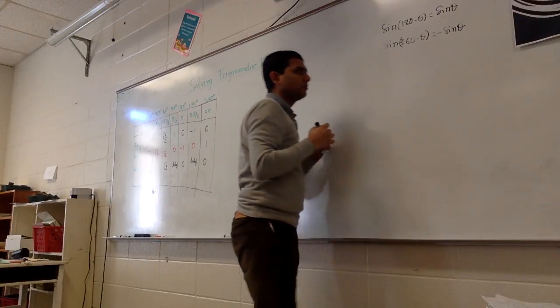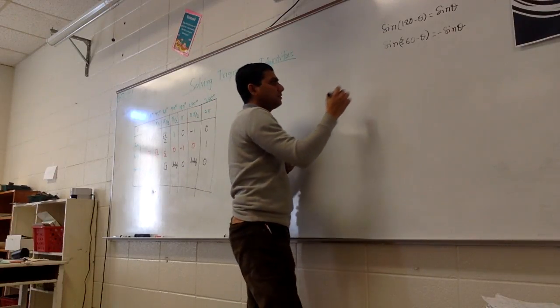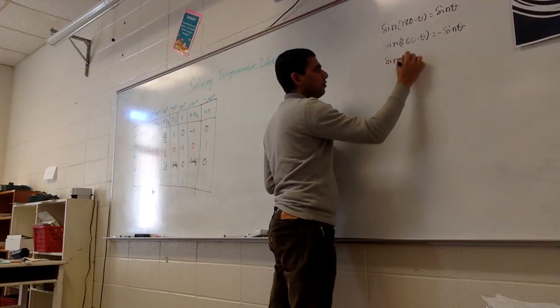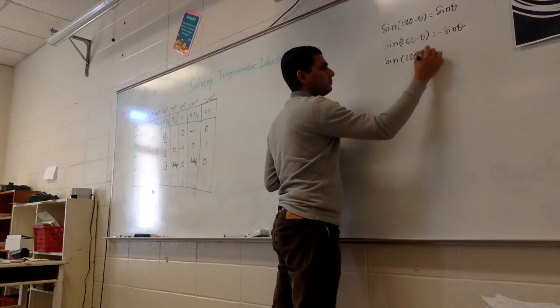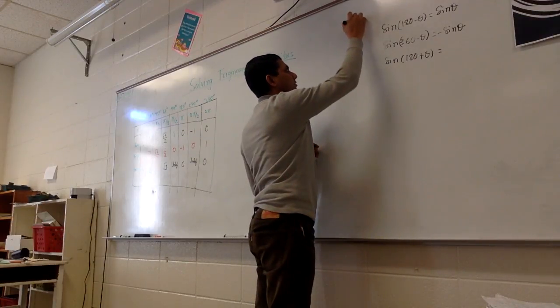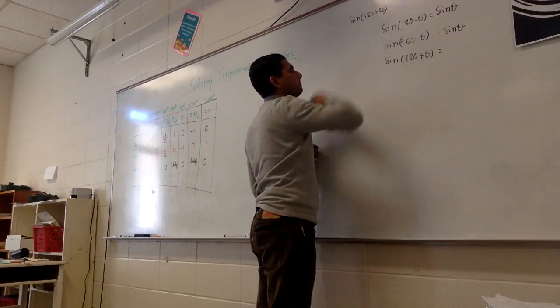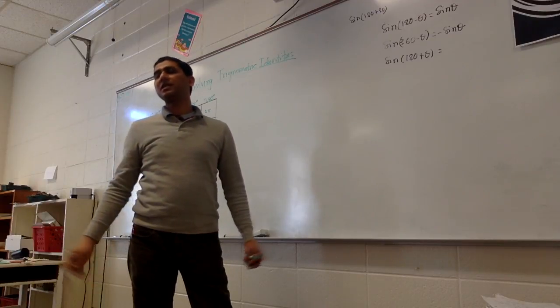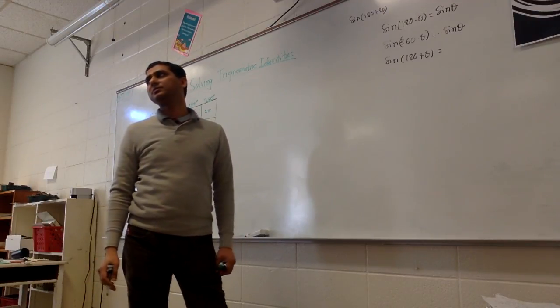One more thing I wanted to add is sine of 180 plus theta. Can somebody tell me, you can use a calculator, what is 180 plus 30? 210. What is sine of 210?